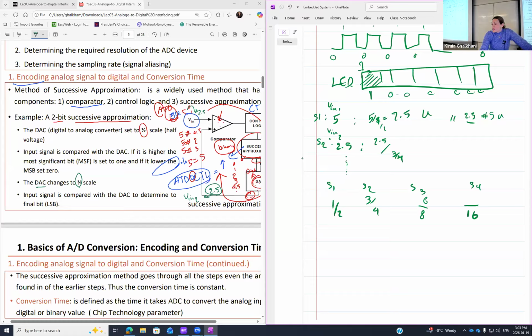How about next? If it's a huge number, and this process continuously happens until I'm having the output here be equal to here. Makes sense now? That's what we call successive method of approximation. Any questions so far?